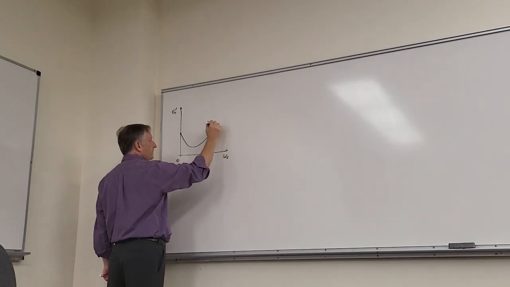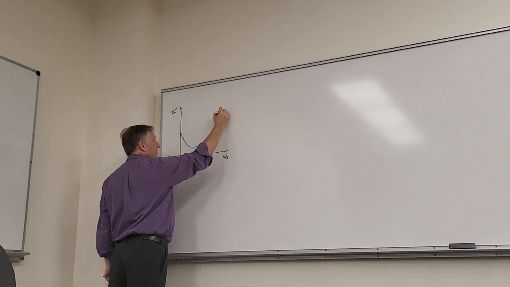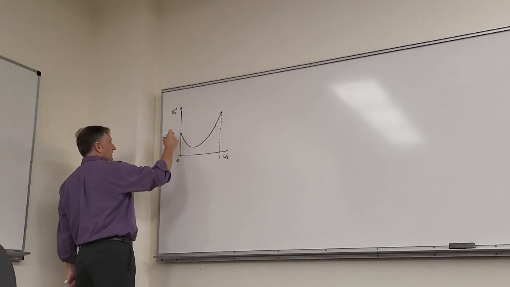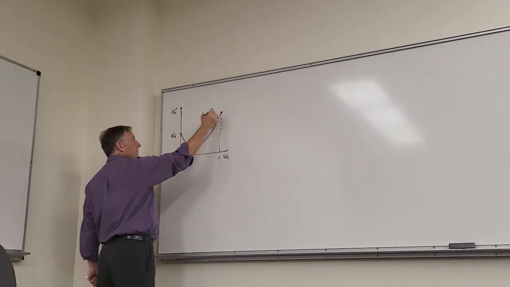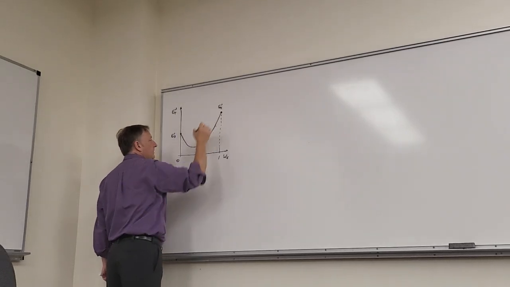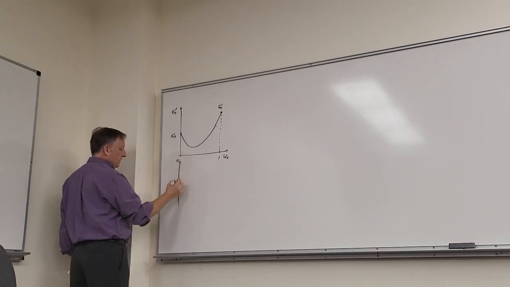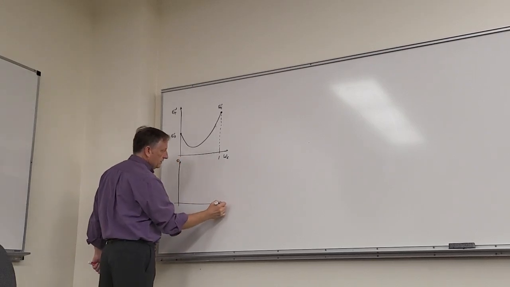Oh, I'm sorry. One is right here. So this is my risk of debt, risk of equity, and this is my same graph but with the returns.